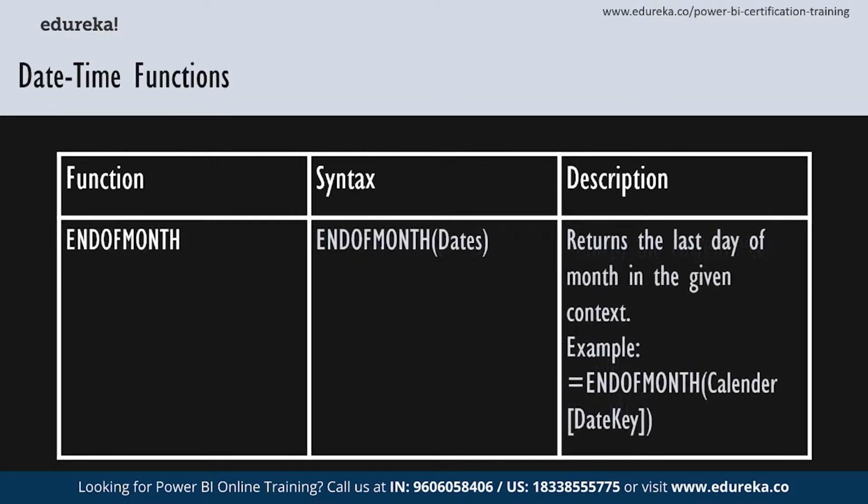The last one I want to discuss is not just a date-time function, but also a time intelligence function. A time intelligence function enables you to manipulate data using time. This includes dates, months, quarters, and years, and you can then build and compare calculations over those periods of time.